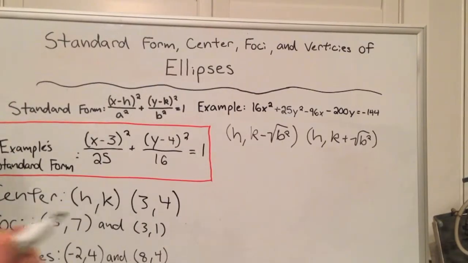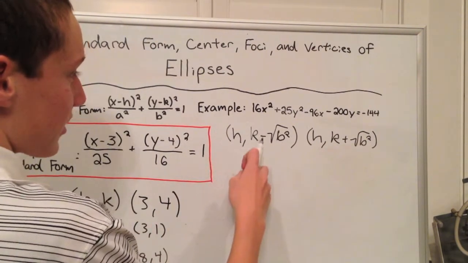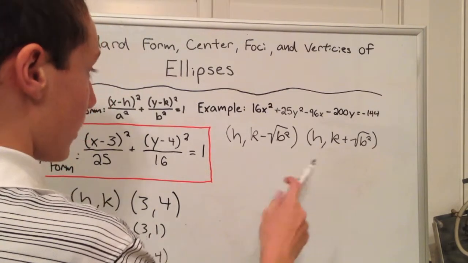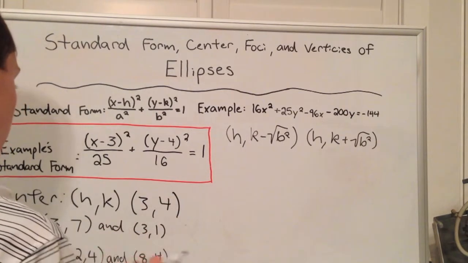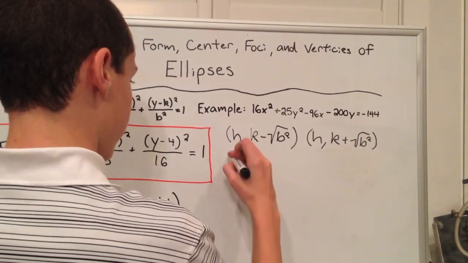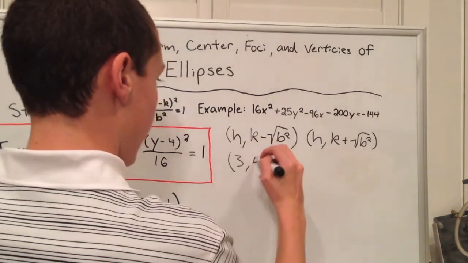To find the co-vertices, we can use the points h, k minus the square root of b squared and h, k plus the square root of b squared. Since we already know h, k, and b squared, we can plug them in. We know h is 3. We know k is 4.